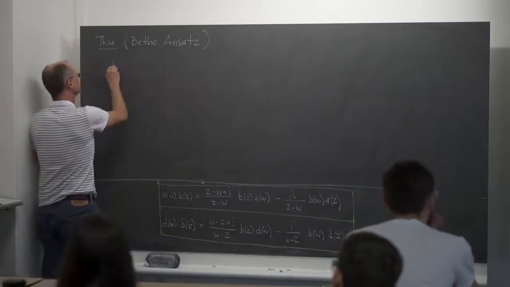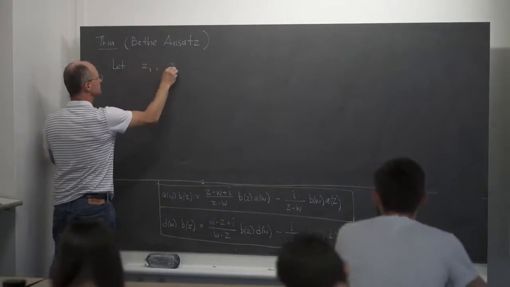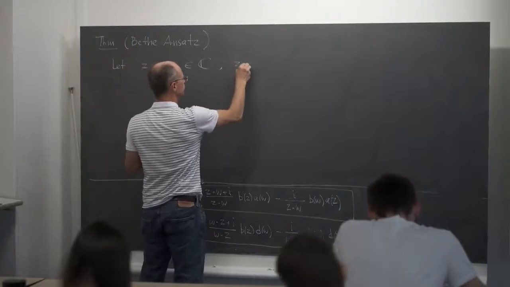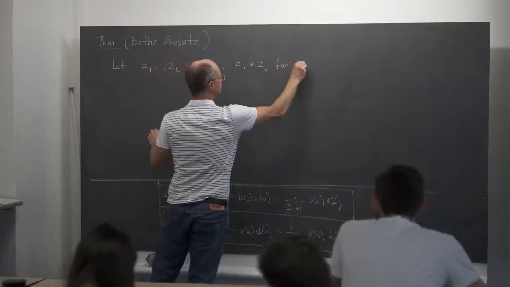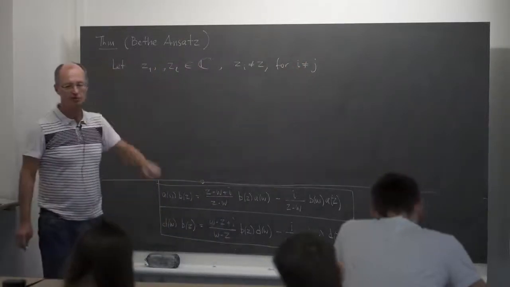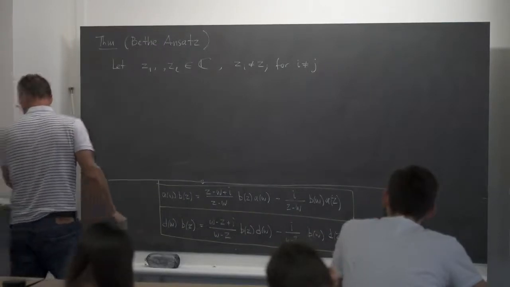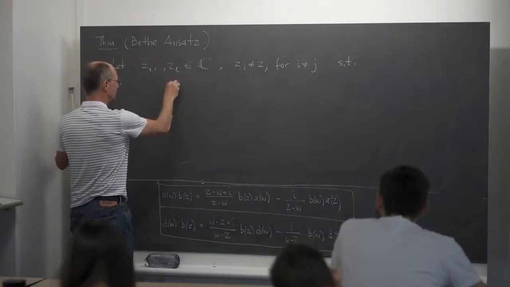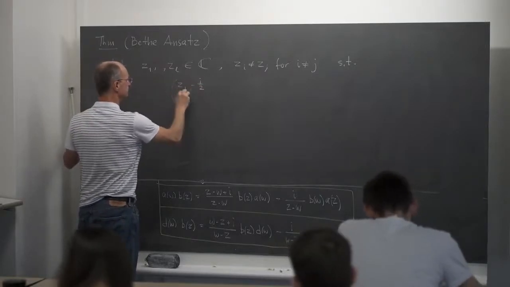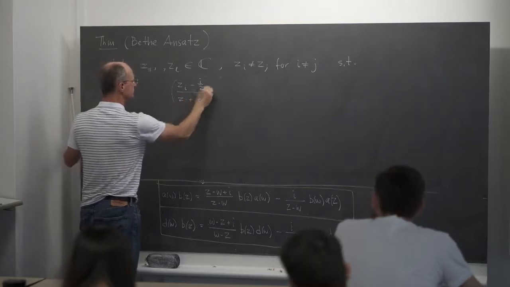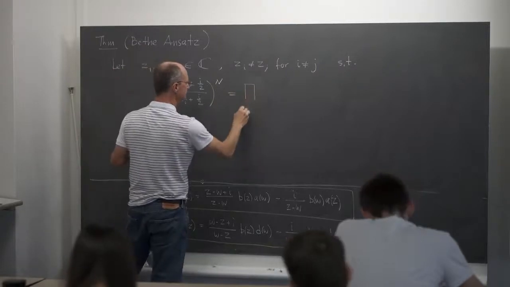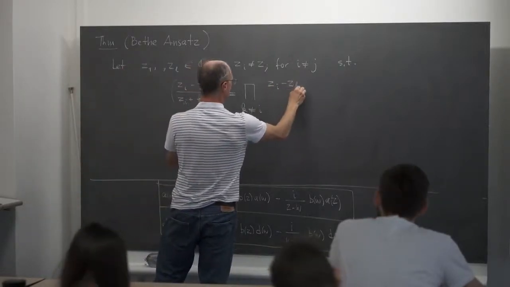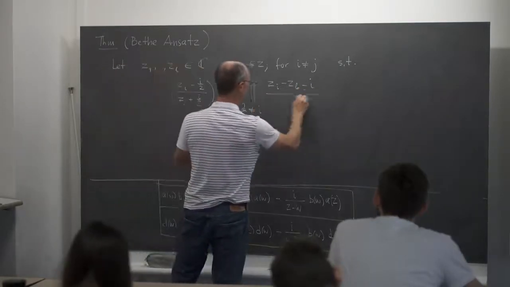So consider a finite set of distinct complex numbers, L of them, where L can be arbitrary, such that they verify the following equations.